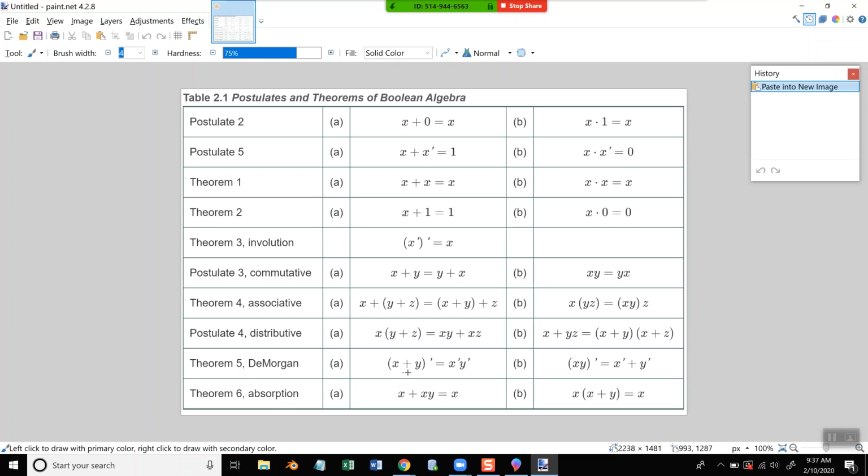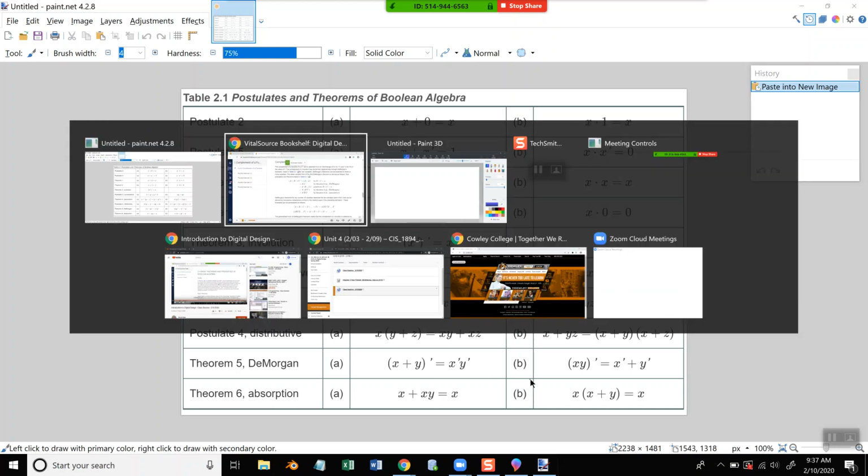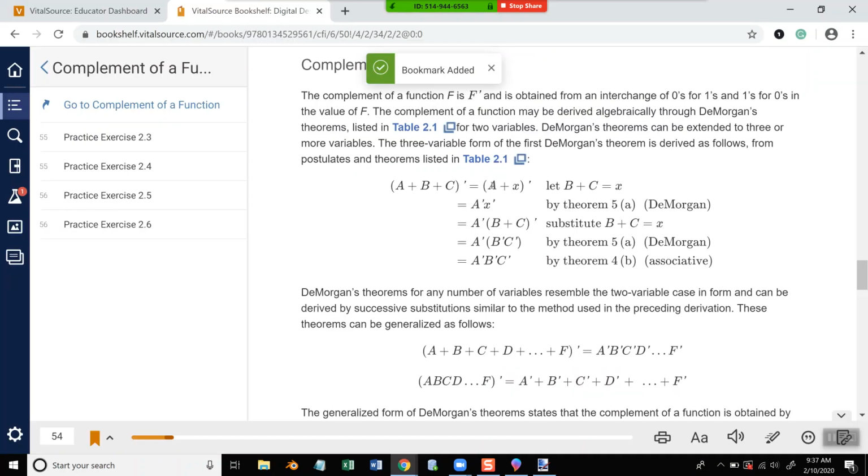Now, how that's read is, not x or y is equal to not x and not y. So remember that prime is a not. Basically, if you've got addition in there and a prime there, then you put a prime on each one of these and put an and, or a multiplication, in between.